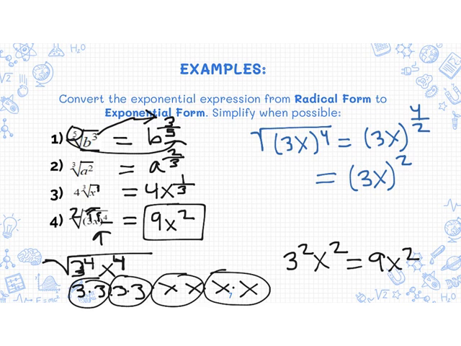So now I have (3x) squared. You need to still simplify this. Remember, our exponents are 1 here, so now they get distributed and multiplied. So now I have 3 squared and x squared. If I simplify that, 3 squared is 9, and x squared stays the same. So we get the same answer, just a different way.